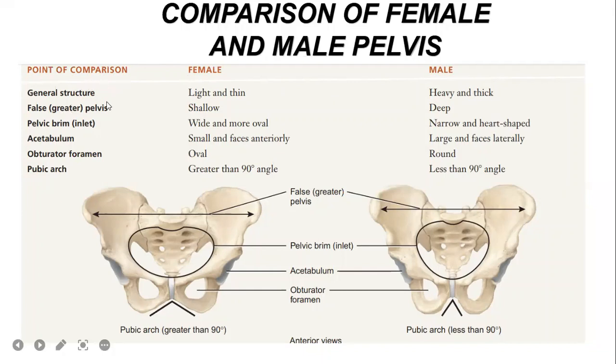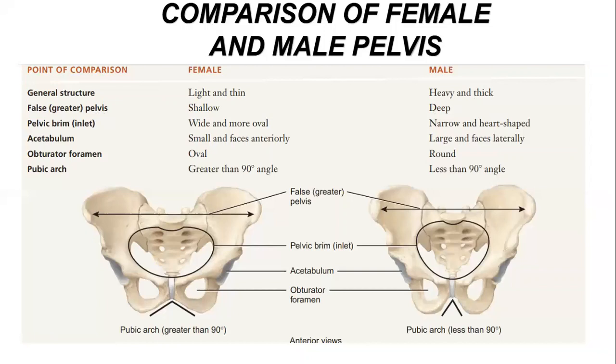For general structure, in female the pelvis is light and thin, while in male it is heavy and thick. The false or greater pelvis in female is shallow, while in male it is deep. The pelvic brim is wide and more oval in female, while in male it is narrow and heart-shaped.